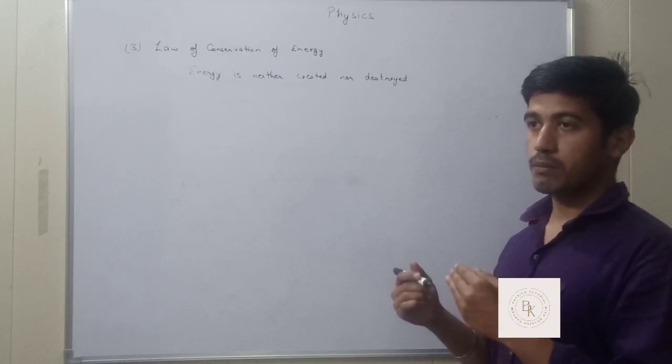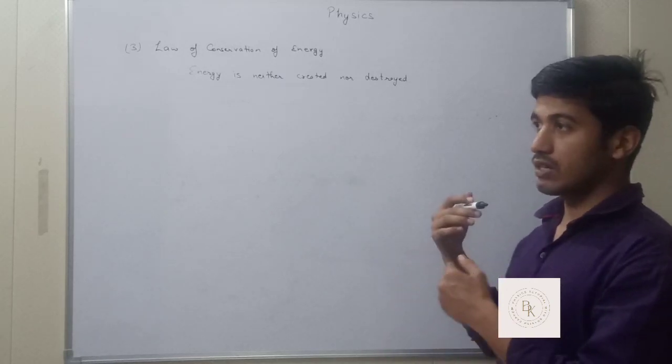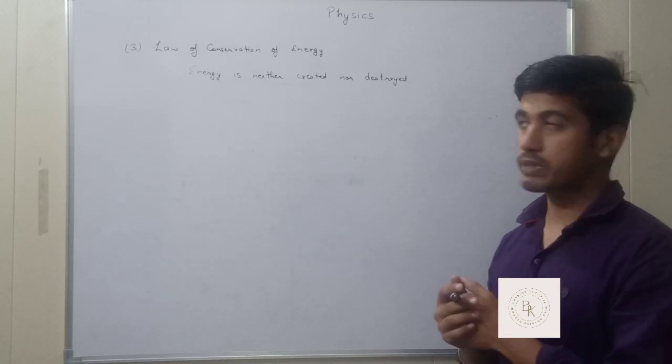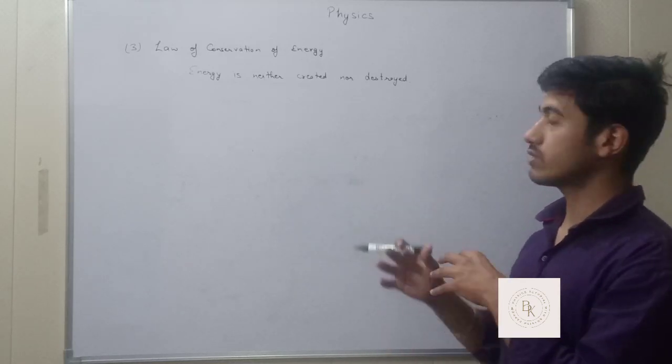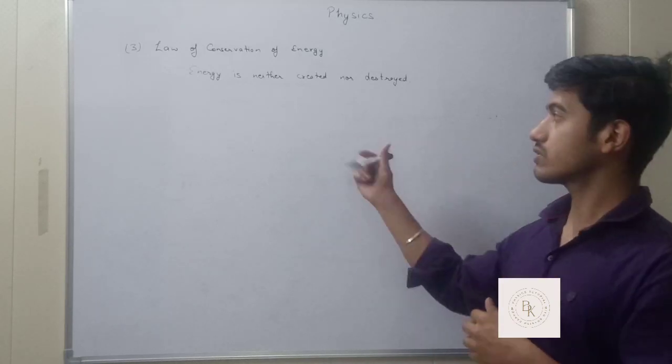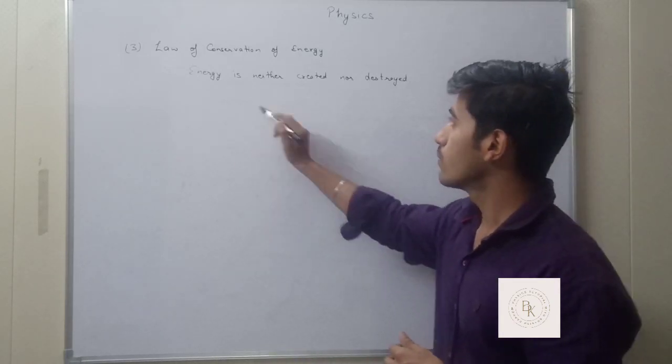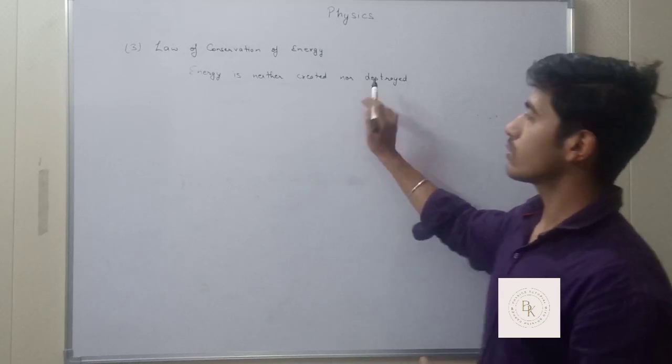If mass is moving at the speed of light, then this mass is converted into energy. We shall study it later, but for now we say that energy is neither created nor destroyed.